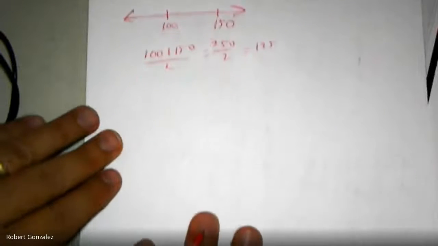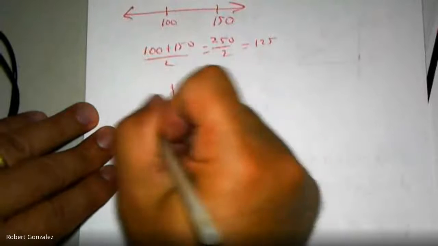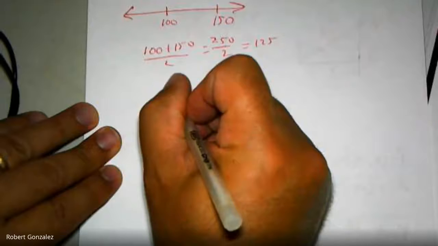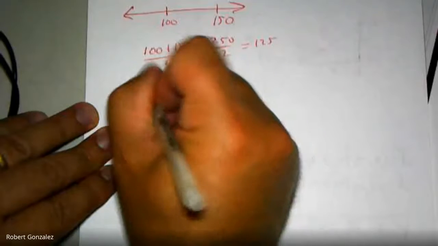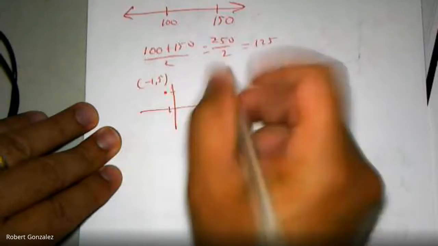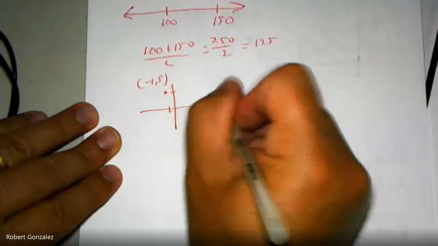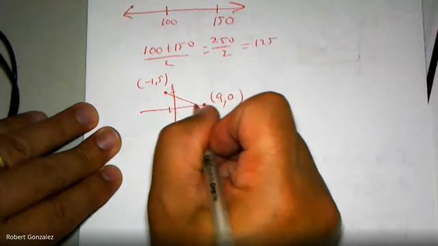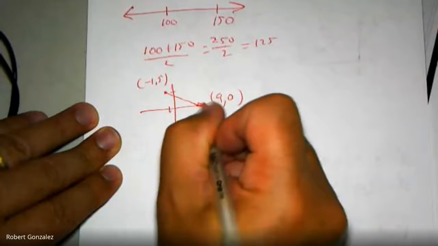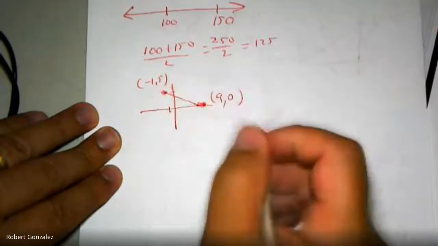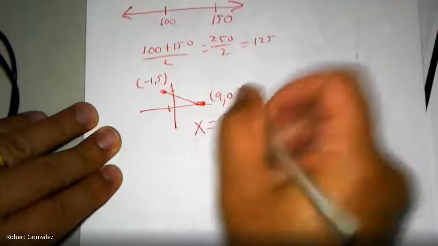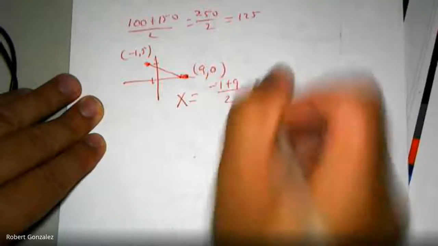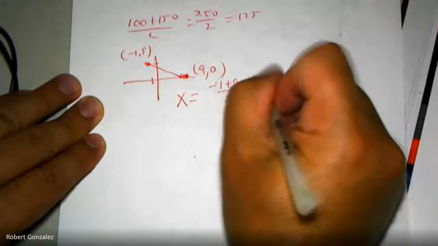We're going to do the same thing with x and y coordinates. For example, if I have (-1, 5) and I have (9, 0), and I want to find the midpoint of this segment, all I have to do is find the average of the x's and the average of the y's. My x coordinate will be -1 plus 9 divided by 2. That's 4.